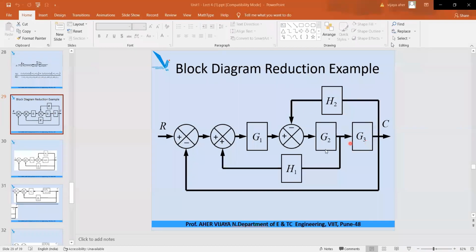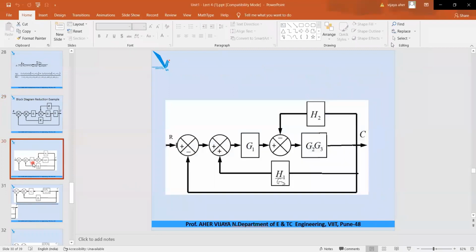Now both blocks are in series. Now you can multiply G2 and G3 into one block, and by using these two rules I have drawn this diagram. So I have divided by G3 and shifted my point after G3.